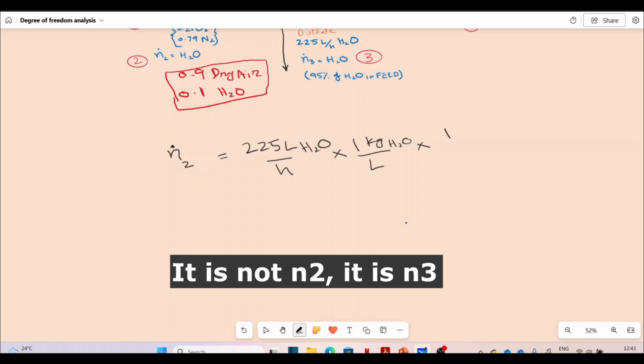And for the mole, 1 mole contains 18 into 10 raised to power minus 3 kilogram. Because it's in kg, that's why I'm putting 10 raised to power minus 3 here. So this is the first equation. From here we can have the value of N2.